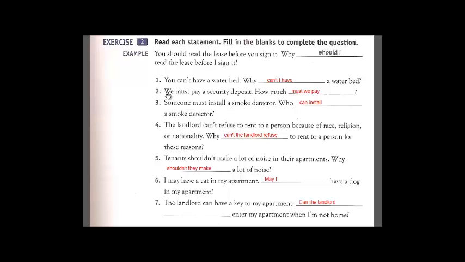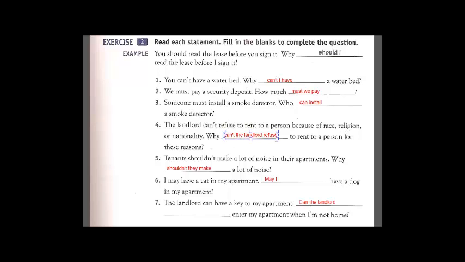Number 2: He must pay a security deposit. We must pay a security deposit. How much must we pay? Number 3: Someone must install a smoke detector. Who can install a smoke detector? Number 4: The landlord can't refuse to rent to a person because of race, religion, or nationality.